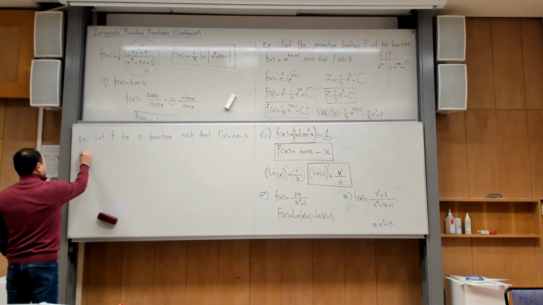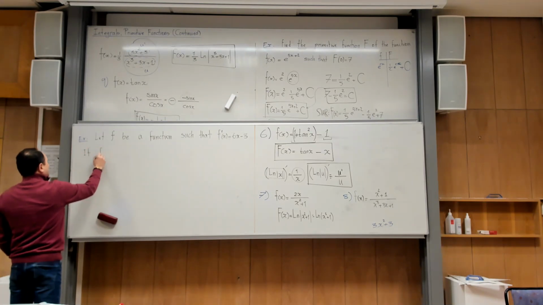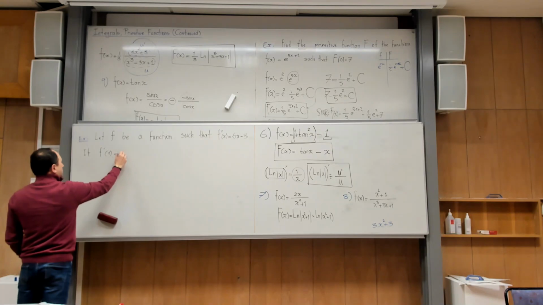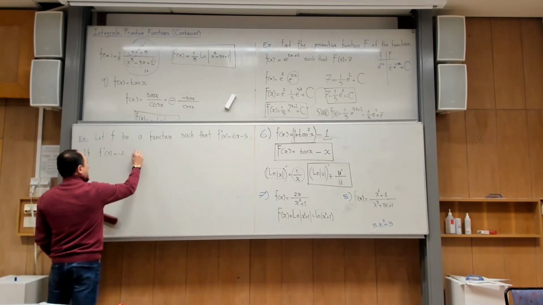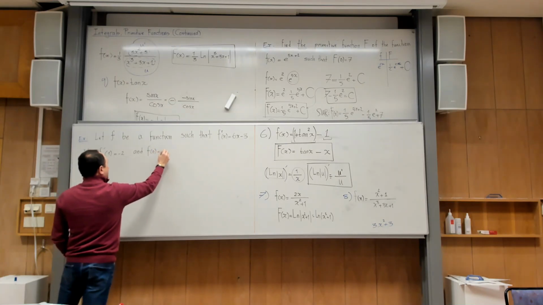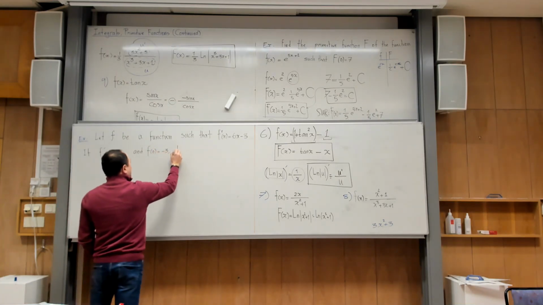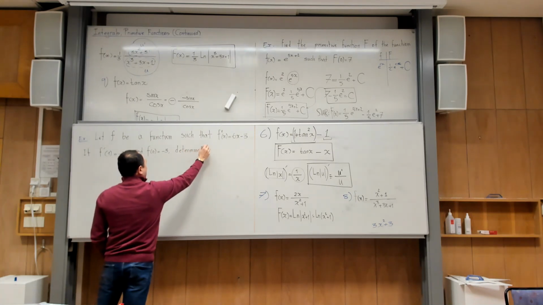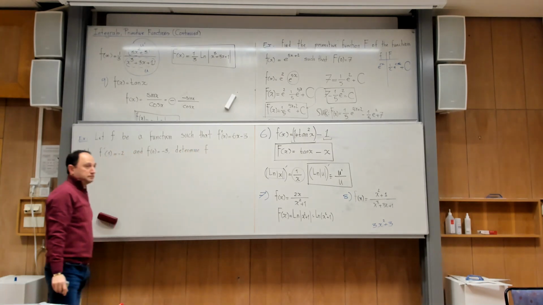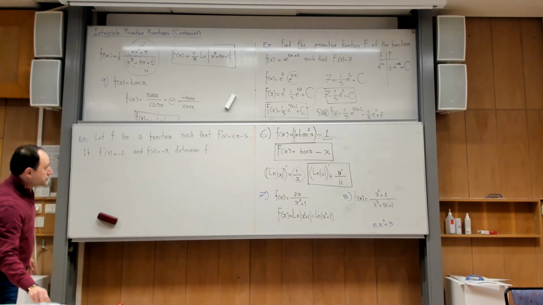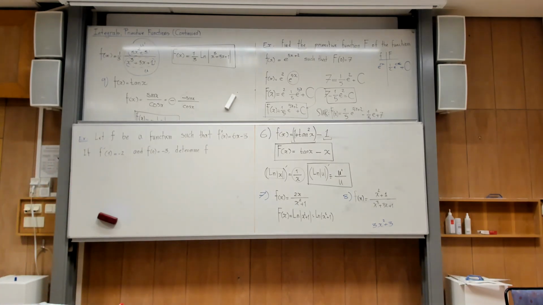If f prime of 1 is negative 2 and f of 0 is minus 3, determine f. So that's also an example I want you to know.